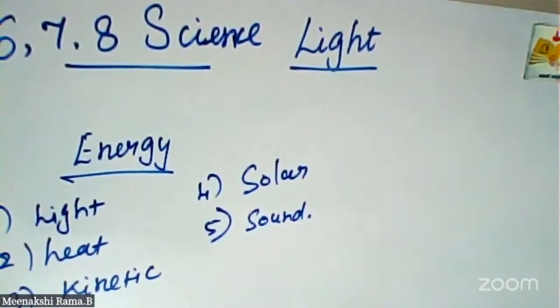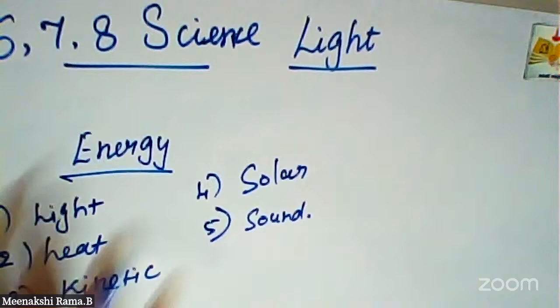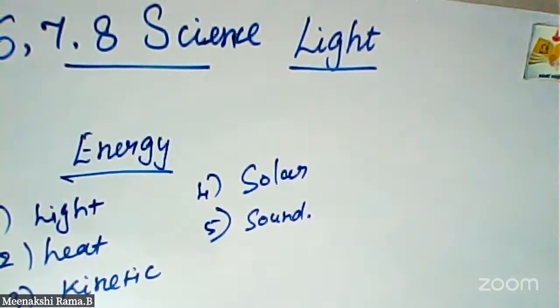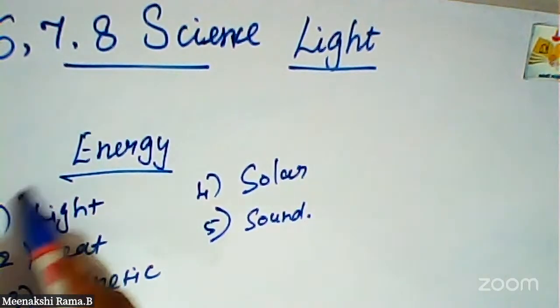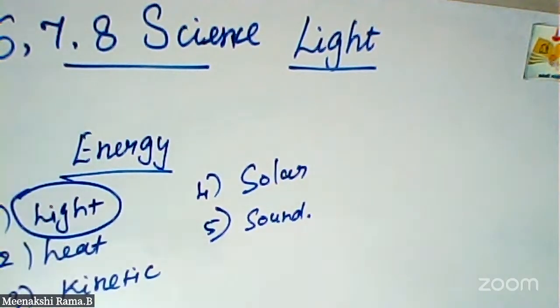Without these energies, we can't use each and every electrical and electronic material. We need these kinds of energy to make those materials work. In this session, we are going to study some details about light energy.